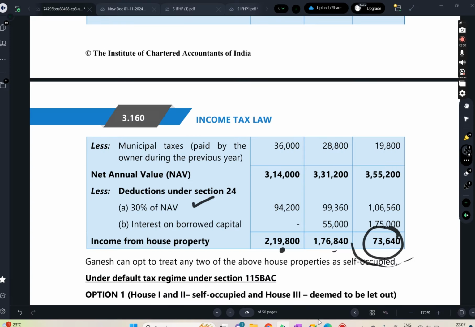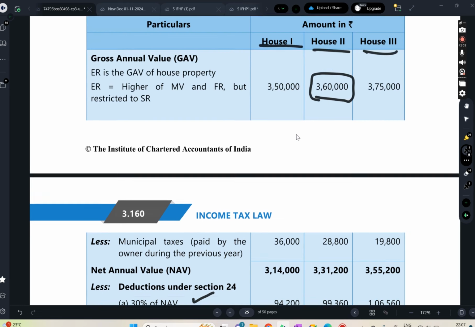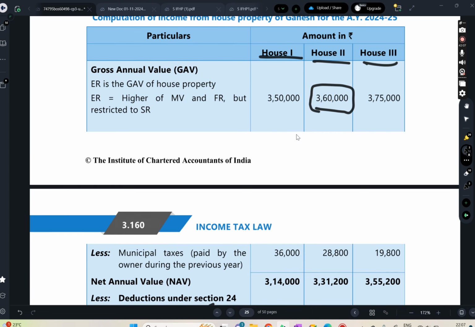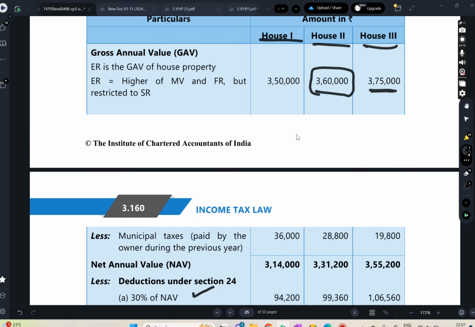The GAV is 3,75,000. The third house we are considering as a self occupied property, right? So NAV will be nil.